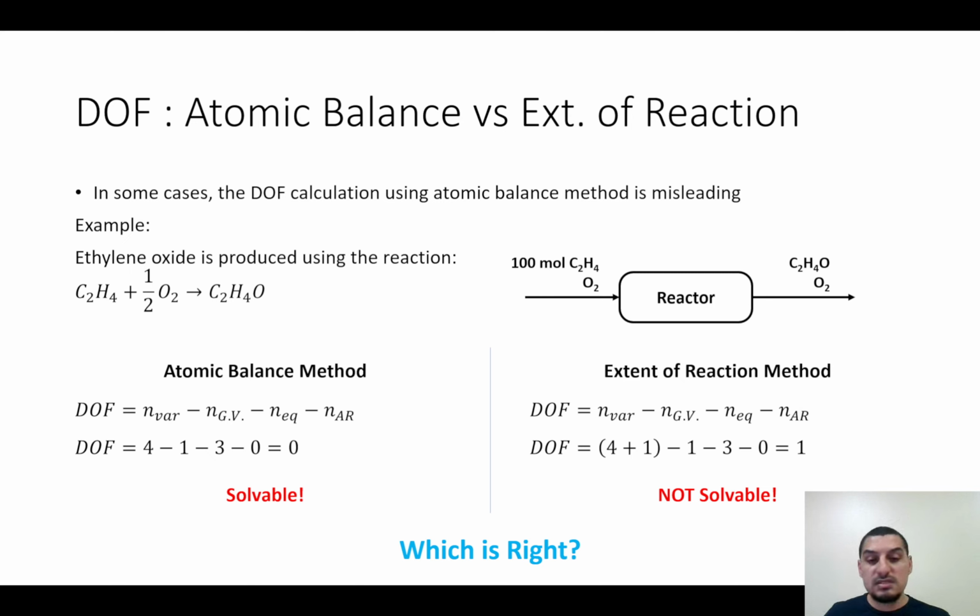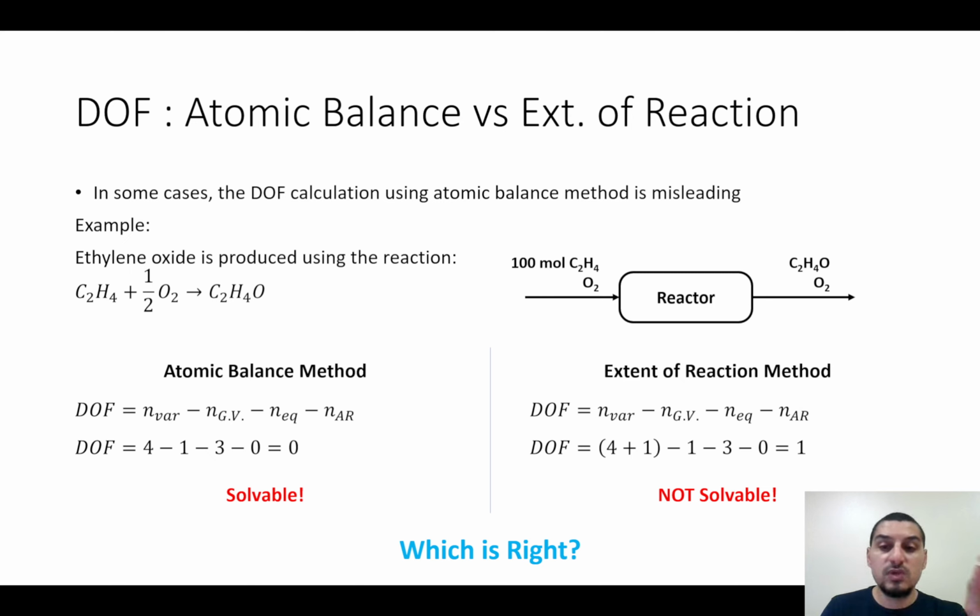But according to what we said before, the degrees of freedom using both methods should be the same, and this is what we saw all the times before. We have to agree that the system would be either solvable or not solvable with the given information. So it's not possible that we can solve the system using the atomic balance method and we cannot solve it using the extent of reaction method. So there is something that we need to clarify here.